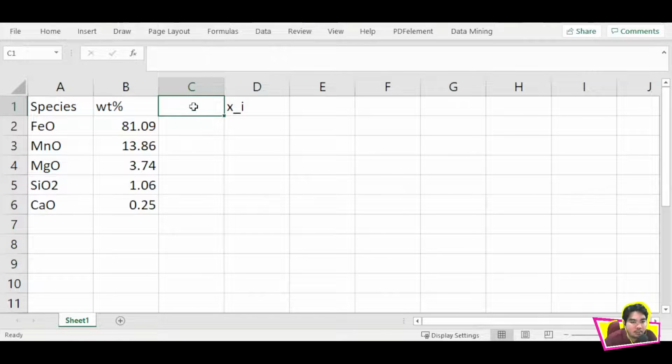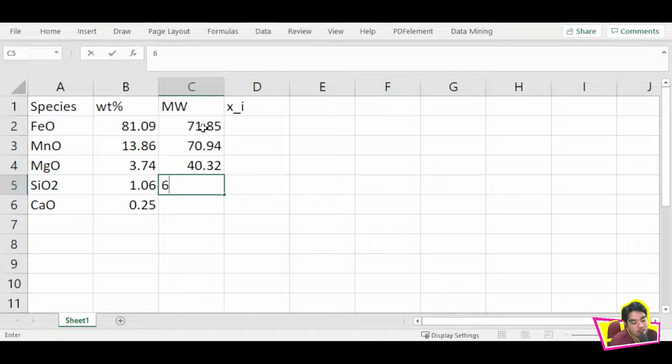We can compute for the molecular weight niya, which is 71.85. That's grams per mole. MnO is 70.94. Nasa given naman to, and you can compute it using the periodic table naman. MgO is 40.32. SiO2 is 60.09. And CaO is 56.08.